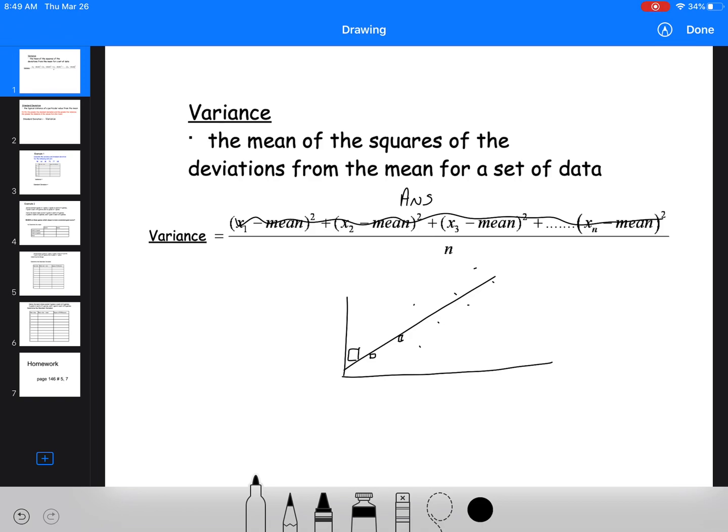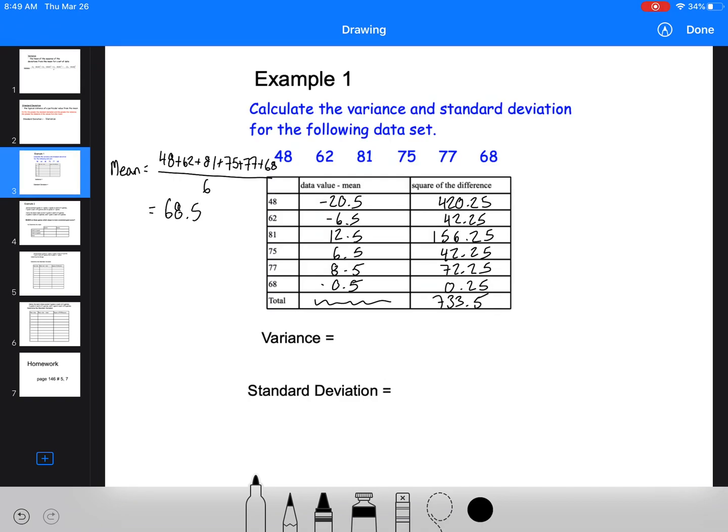All we have to do is divide by the number of data points we have. So our variance is 733.5 divided by 6. So we get 122.25. Now the standard deviation, we just square root that number.